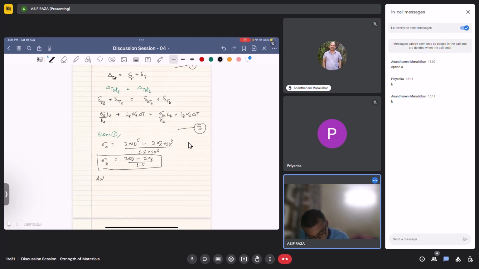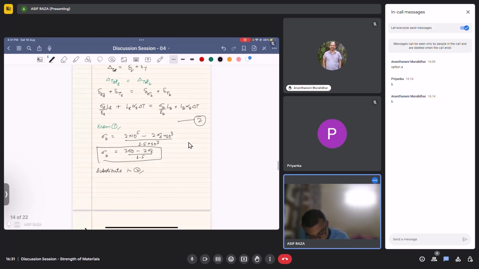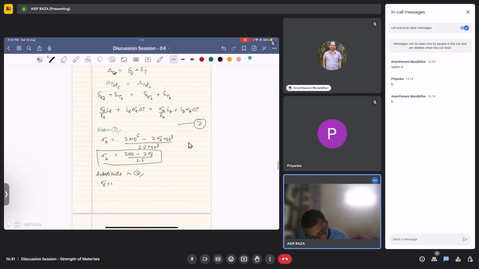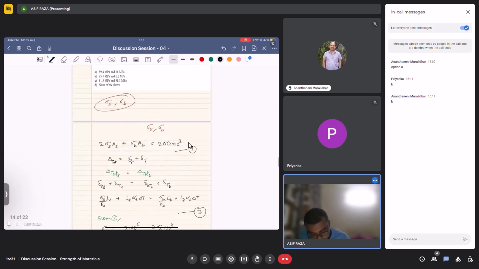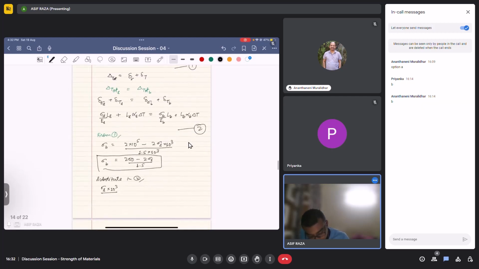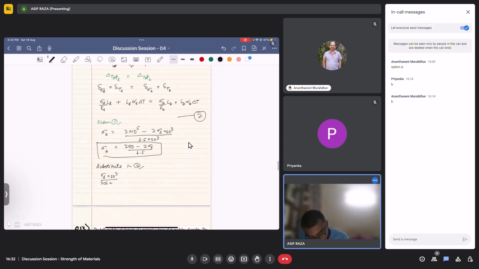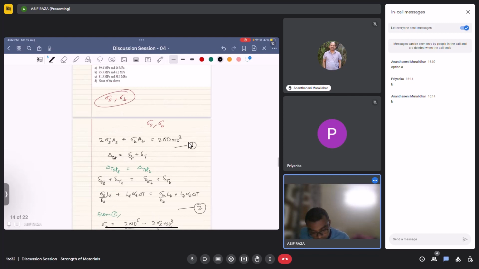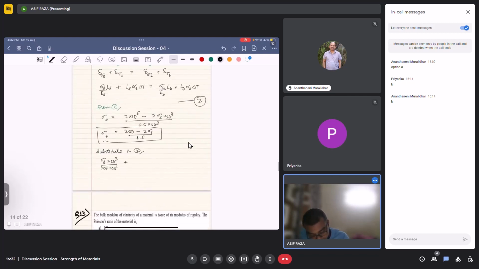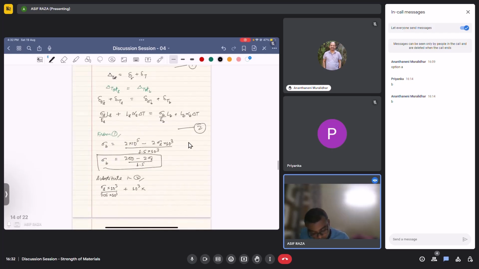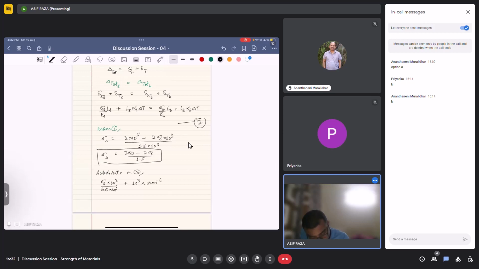And substitute into the second equation. So sigma s, Ls is 1 meter, so that is 10 to the power 3 mm. Es is 205, in kilonewton per mm square, so we can write 10 to the power 3 newton per mm square, plus Ls is 1 meter, so 10 to the power 3. Alpha s is 12 into 10 to the power minus 6.